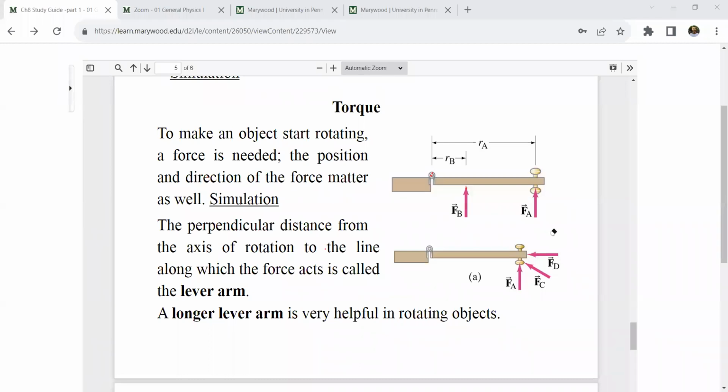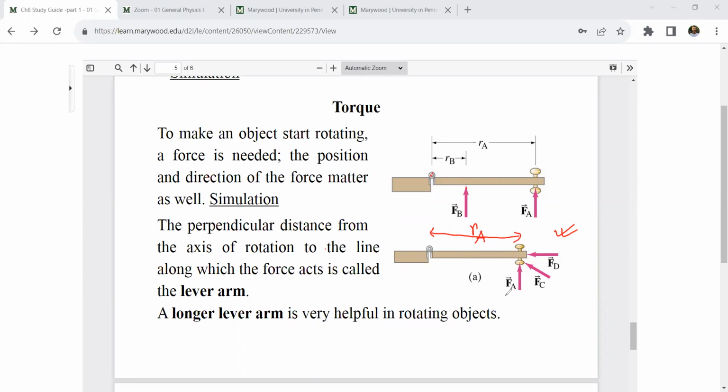Now let's look at the next picture. We apply the forces at almost the same point. So the lever arm for all the forces here is RA. But you see that we can apply forces in different directions.